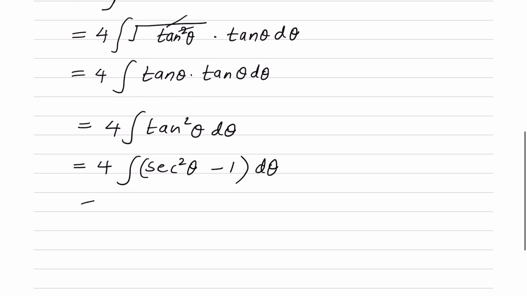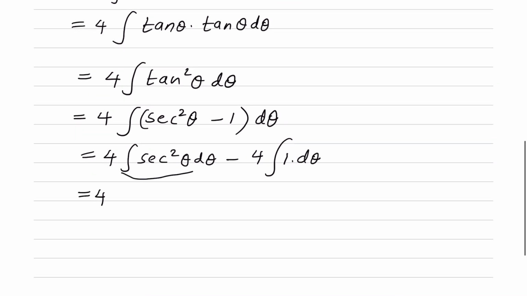We will separate it. 4 secant square theta d theta minus 4 outside 1 into d theta. We have this formula, secant square theta d theta integral is equal to tan theta, minus 4, and we know that d theta is just theta, 4 theta, plus some constant.